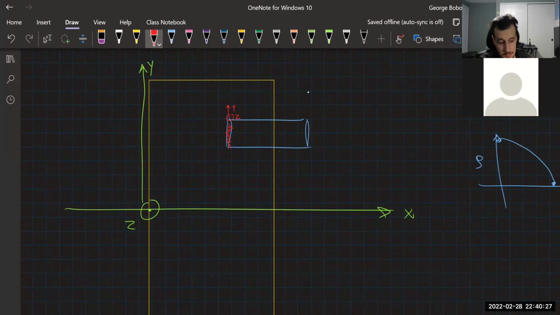You know what this means? This face receives a constant charge density. Whatever its position is on the x, whatever it is, it's receiving a constant charge density.